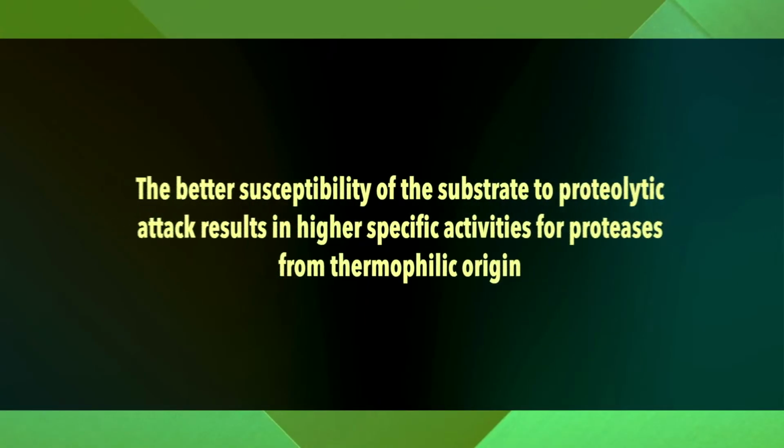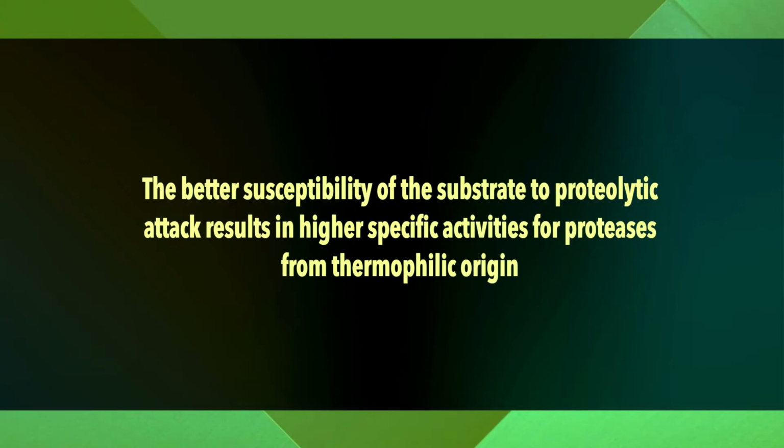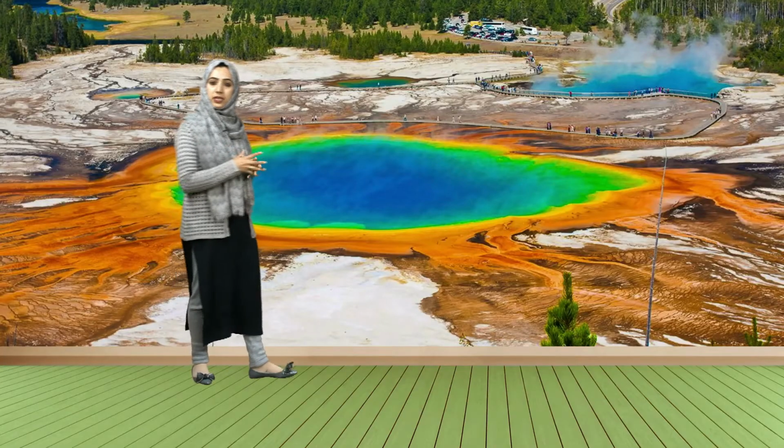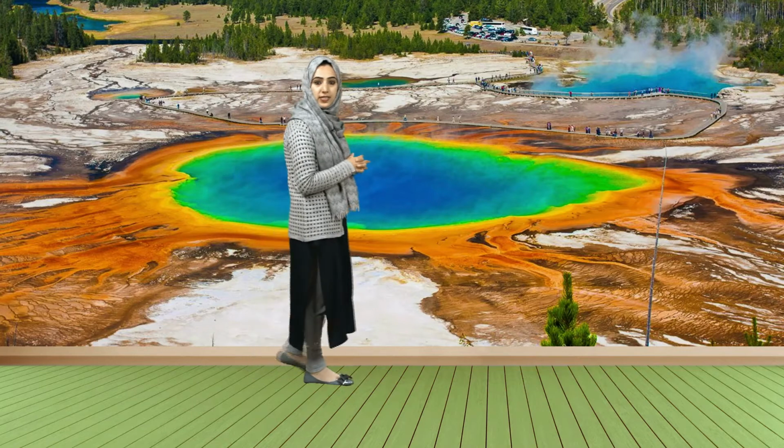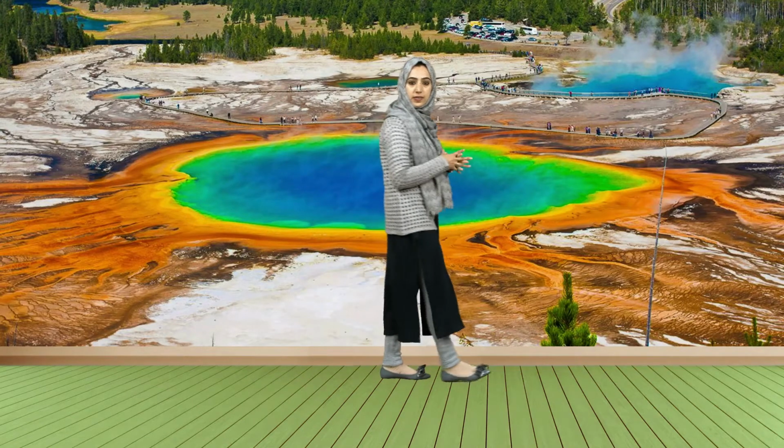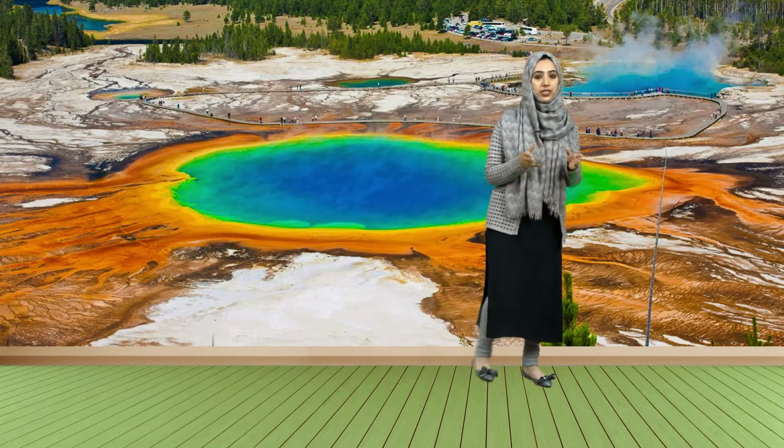The better susceptibility of the substrate to proteolytic attack results in higher specific activities for the proteases from thermophilic origin. Because most commercial substrates for proteases are mesophilic proteins, proteases have a high industrial potential.